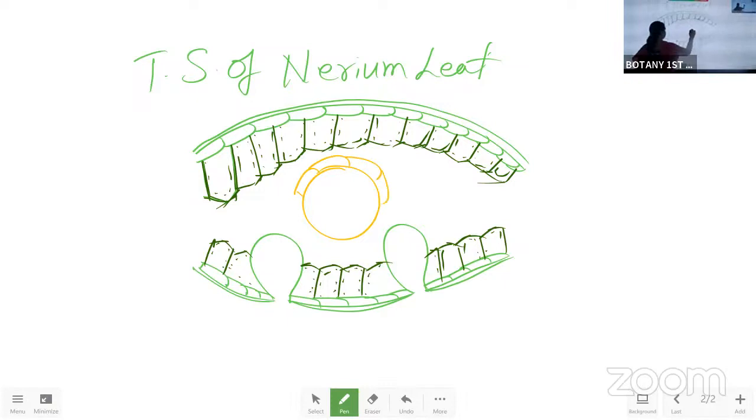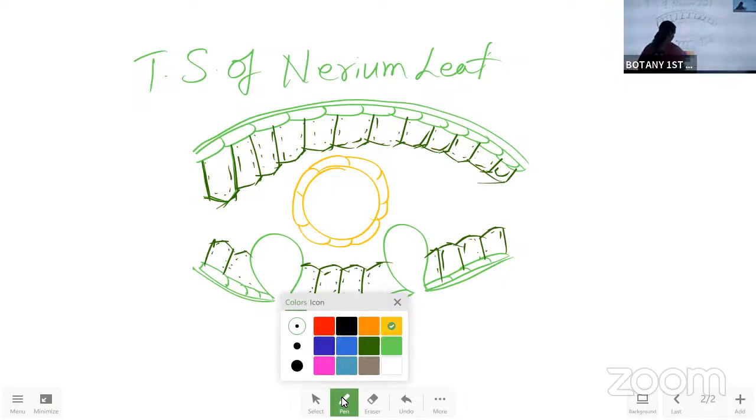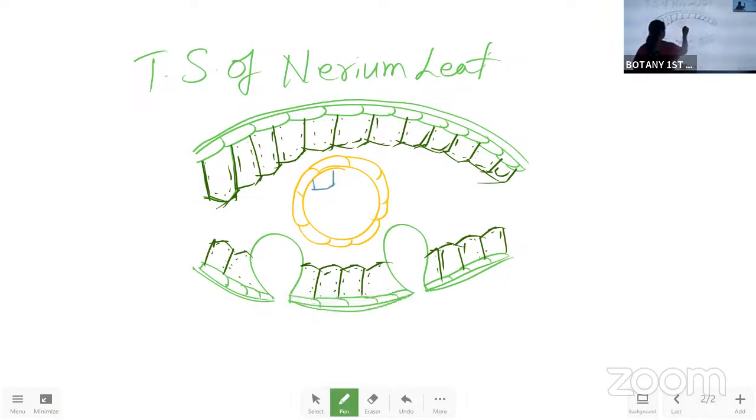Before that, the central stellar region. This is the xylem. It should always be hexagonal.